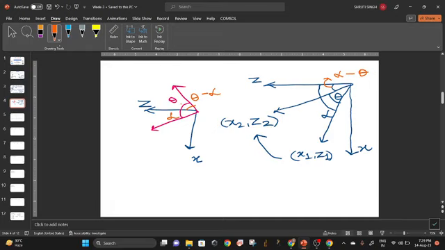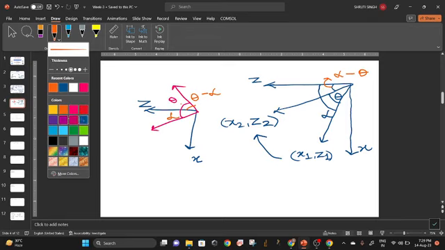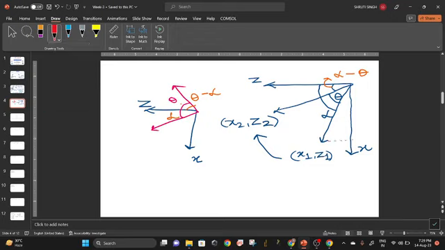Now x1 is L sin alpha. What will this angle be?